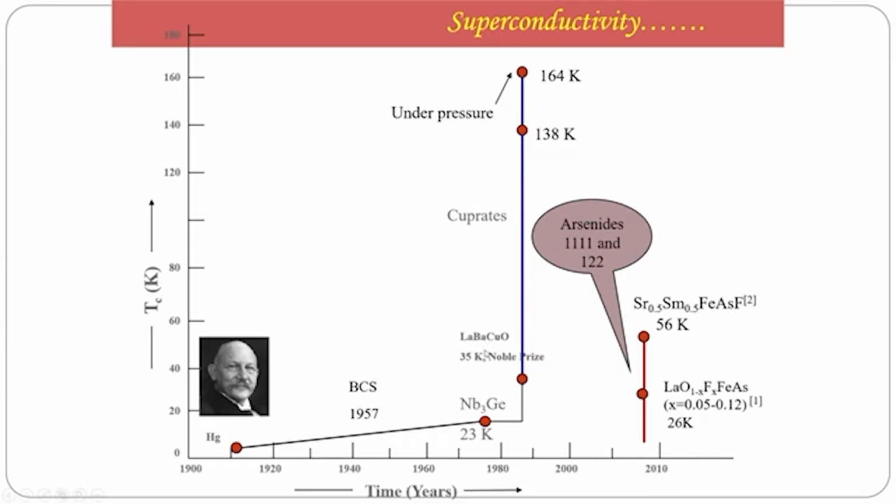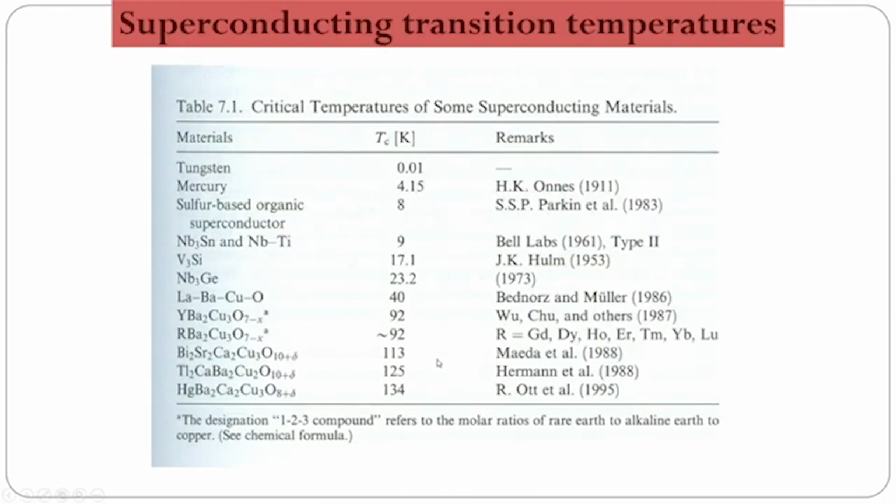And there was also a Nobel Prize for this lanthanum barium copper oxide or lanthanum strontium copper oxide, that fetched another Nobel Prize for the discovery of the cuprate superconductors. And this is the picture of Kamerlingh Onnes, which we have mentioned. So these are some of the Tcs recorded and some of the discoveries that you see there.